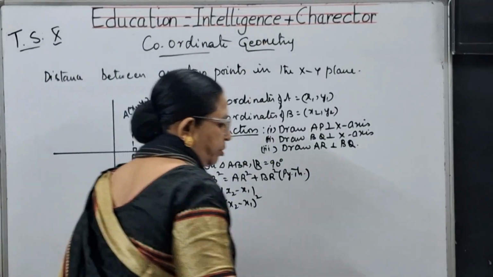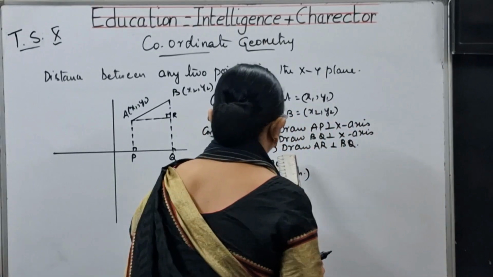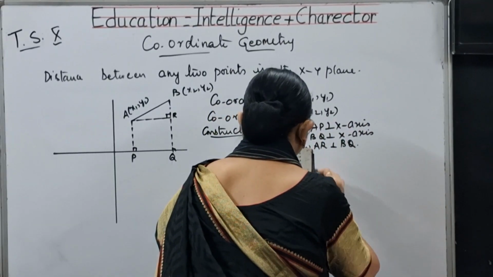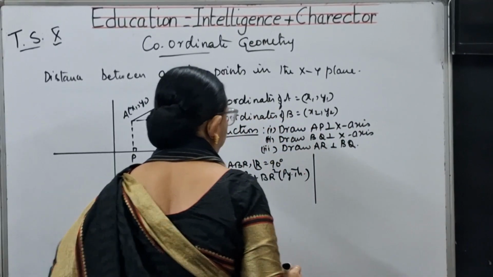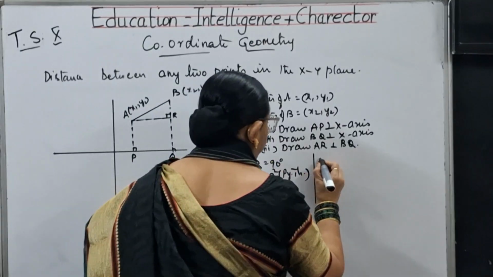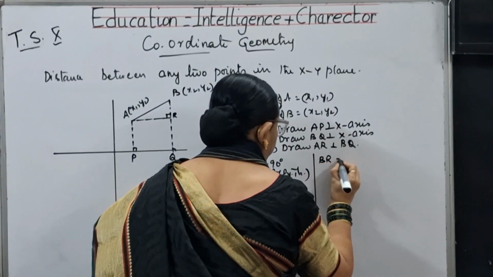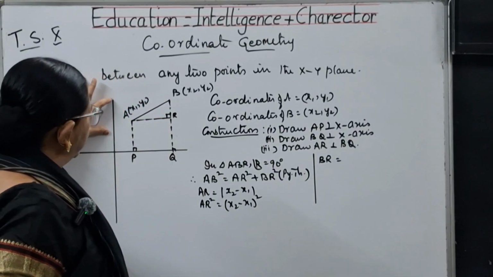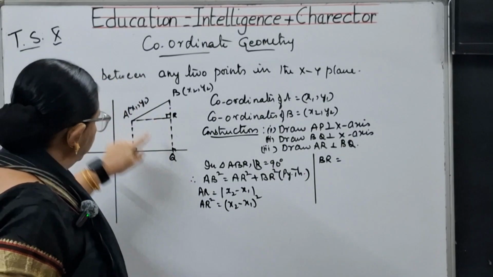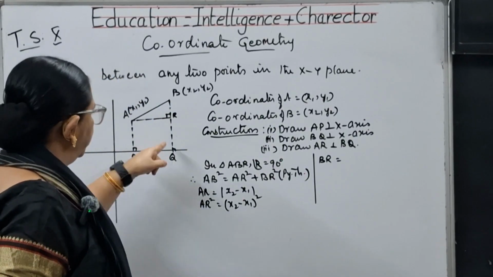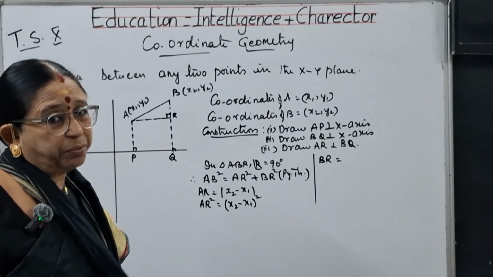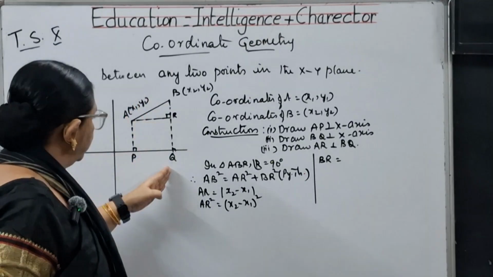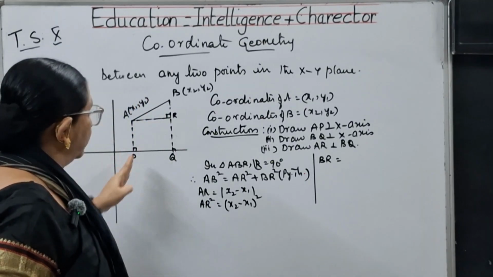Similarly, let me take B. Now BR. What is BR? BR is a line which is parallel to the x-axis, because these two are parallel lines. Perpendicular to the same line means they are parallel. BR, BQ is parallel to the y-axis, sorry.